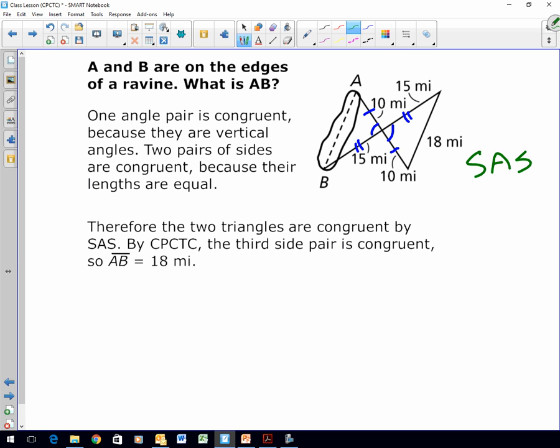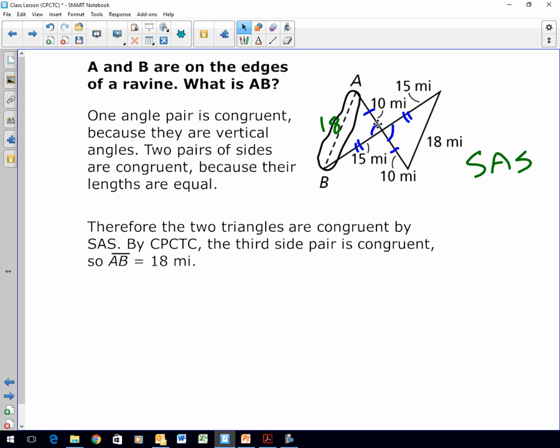So, Katie, what is the measure of AB? How do you know that? And what does that mean if they're congruent? All you told me was that 10 was congruent to 10 and 15 was congruent to 15. So, because the triangles are congruent, their corresponding angles and corresponding sides are congruent. That's how CPCTC comes into play.